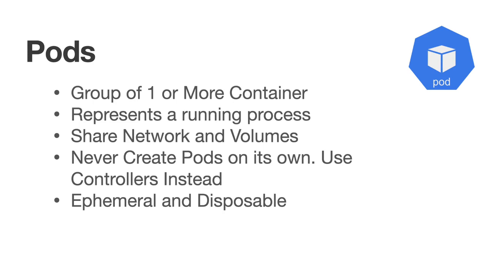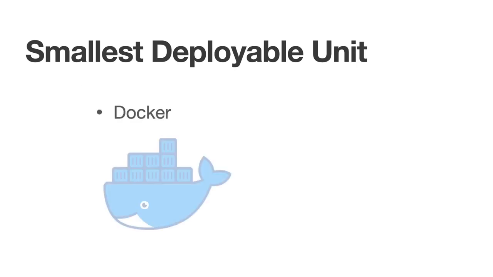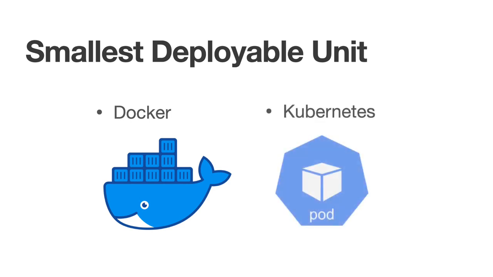So if a pod dies and you created a pod on its own, there is no way that Kubernetes knows how to manage and bring another pod for you. More on this later, but remember I said the smallest deployable unit for Docker is containers, and for Kubernetes is pods. Next, let's go ahead and learn how to create pods.